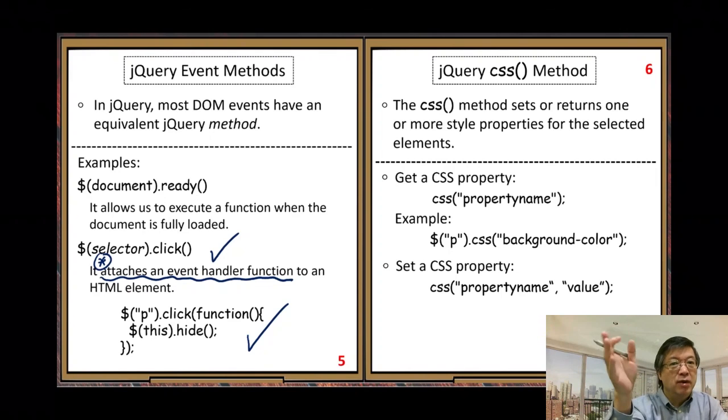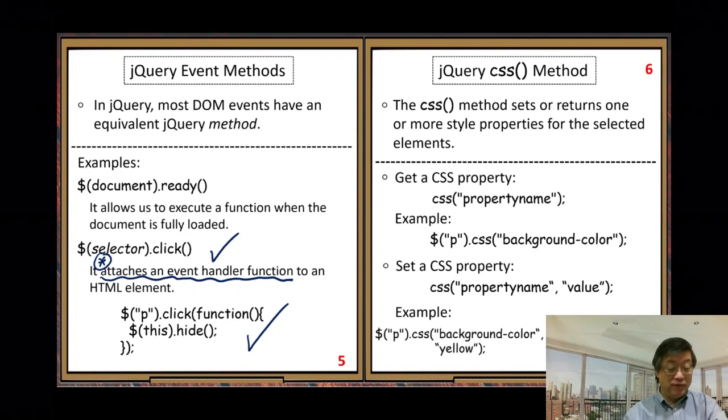The second parameter, the property value. Pretty straightforward. Look at this example. Background color property, we set yellow color. So in this way, you can change the background color. So simple, right? So easy.